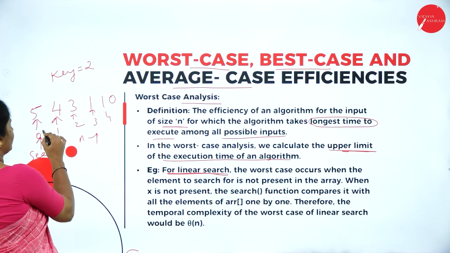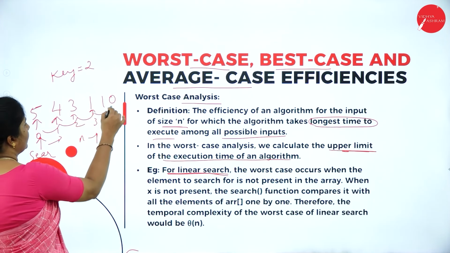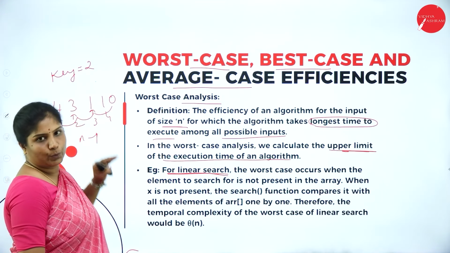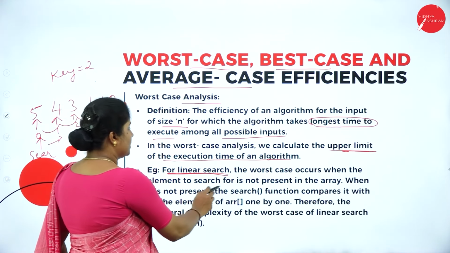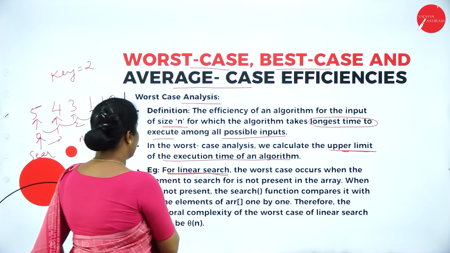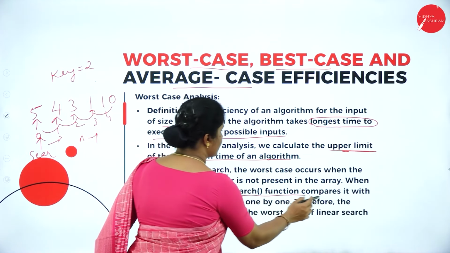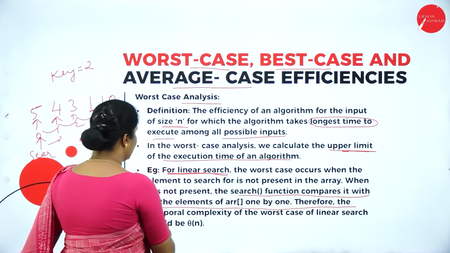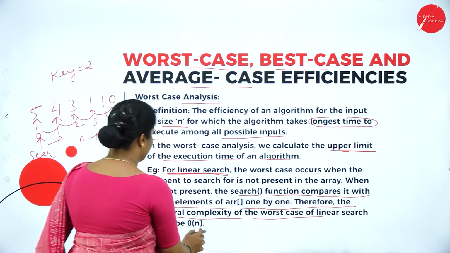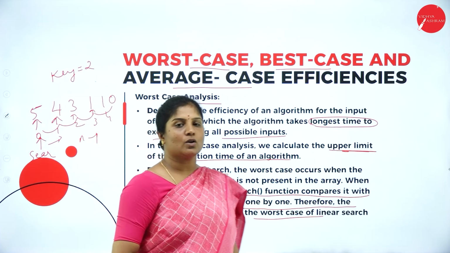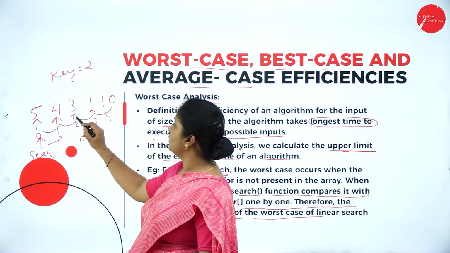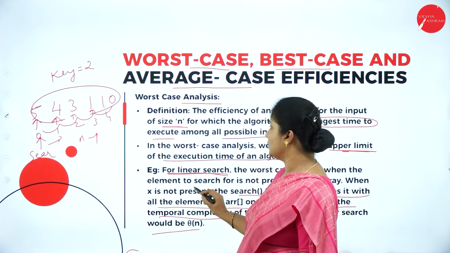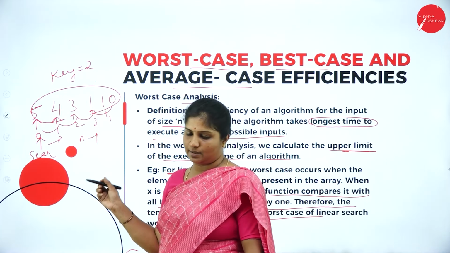After checking 5, not found; then 4, then 3, then 1, then 10. So it searches all the elements to find the key element 2. When x is not present, the search function compares it with all the elements of the array one by one. Therefore, the time complexity of the worst case of linear search is theta of n, because we are giving n numbers of input. That's why we say theta of n is the time complexity of linear search in the worst case.